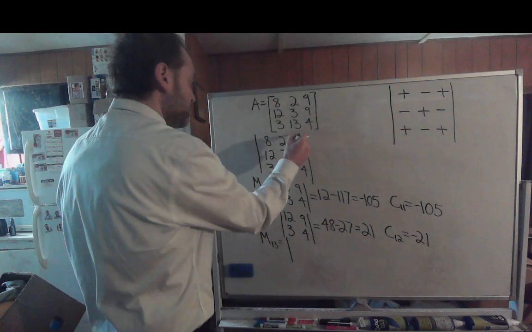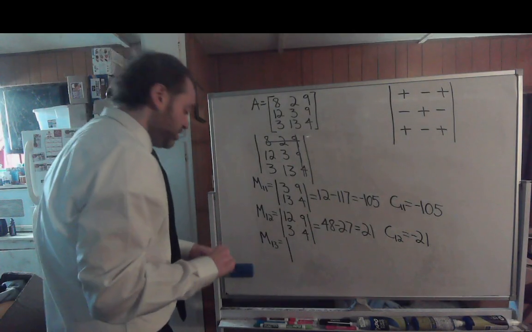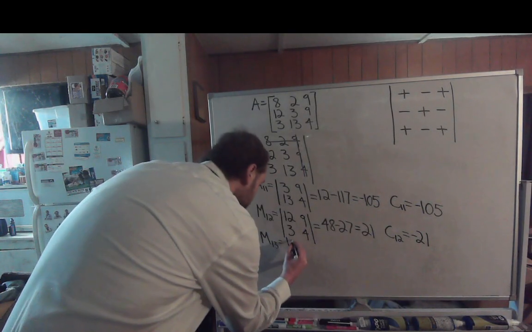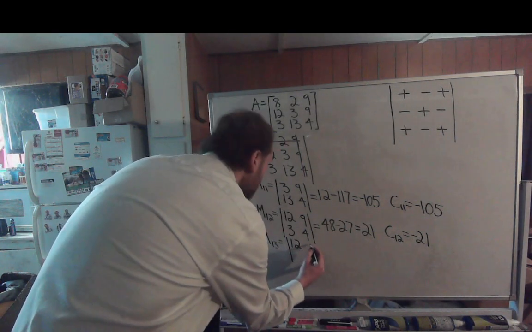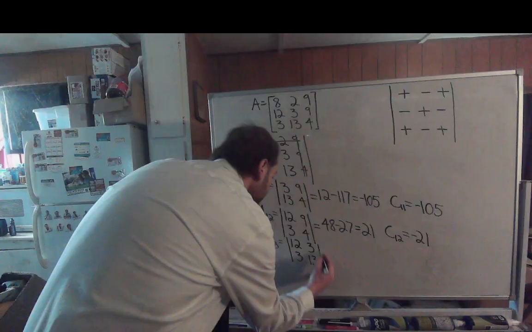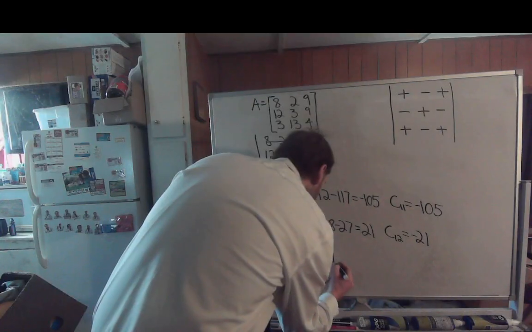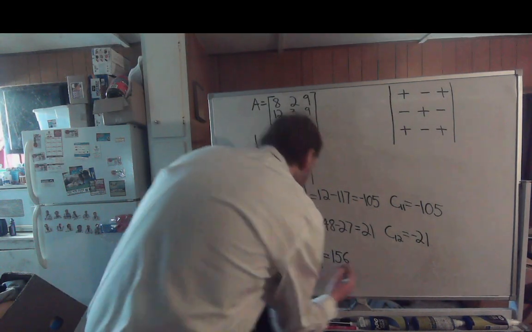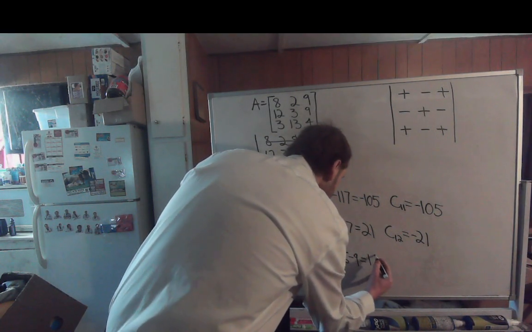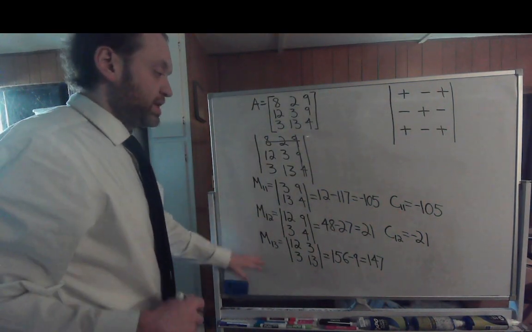So take your marker, strike out the column and row that it's in, and then you have the determinant of what's left. So that would be the determinant of 12, 3, 3, 13. So that's going to end up being 12 times 13 is 156, minus 3 times 3, so that's minus 9. 156 minus 9 is 147. So minor 1, 3 is 147.